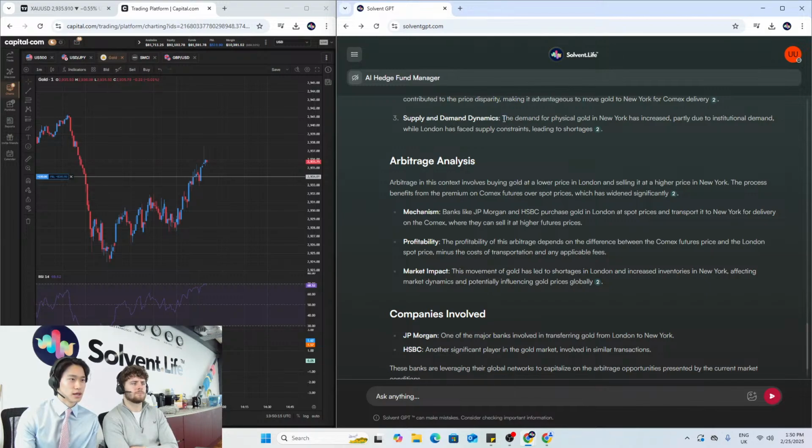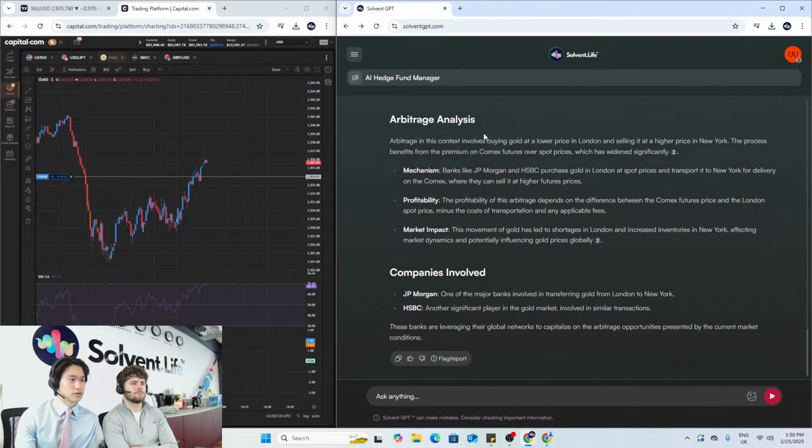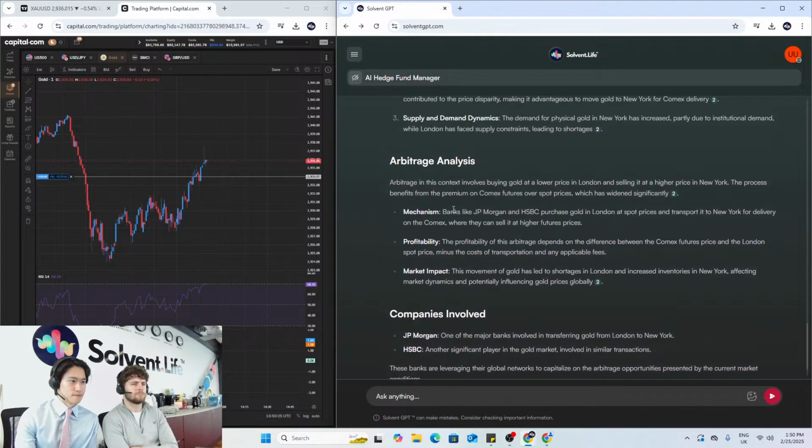Supply and demand dynamics. Okay, and then the two companies involved there. It says what they're doing is they purchase gold in London at spot prices and transport it to New York for delivery on the COMEX, where they can sell it at a higher futures price.